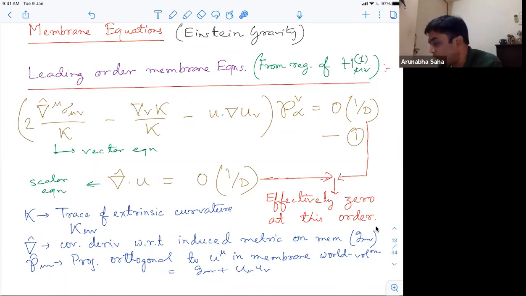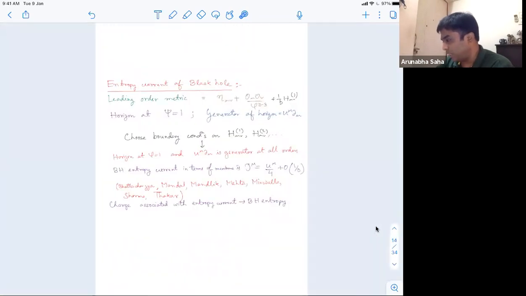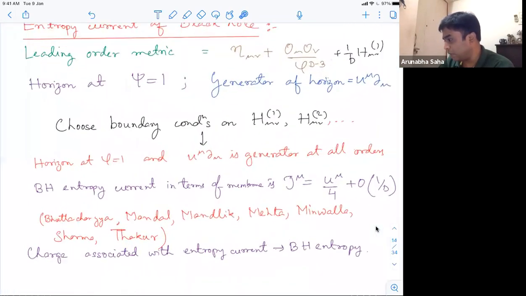So this looks like a consistent set of equations, and these have been used to arrive at many consistency relations. They can produce the right quasi-normal modes for large D black holes, which have been derived in the gravitational picture by Roberto and others. This is all for the membrane equation.